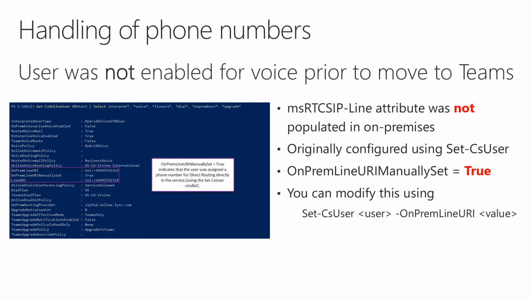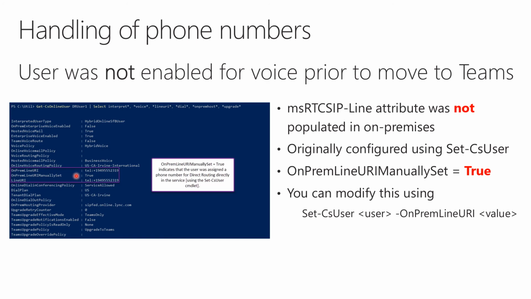Contrast that if the user was not enabled for voice prior to their move to Teams, right? In this example, the msRTCSIP-Line attribute was not populated in the on-premises Active Directory. That means that we enabled the user in the service and we used the Set-CsUser commandlet to assign their on-prem line URI. Well, check out what's different here, right? My on-prem line URI is set, which maps to my line URI, as you saw before, but notice what's different. OnPremLineURIManuallySet is true.